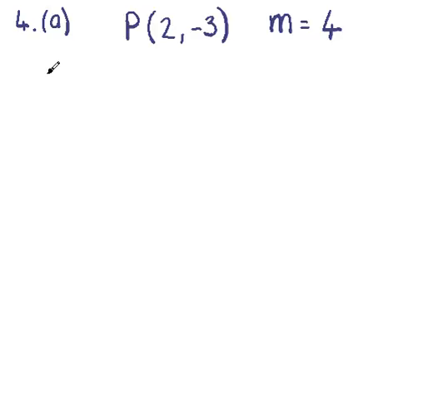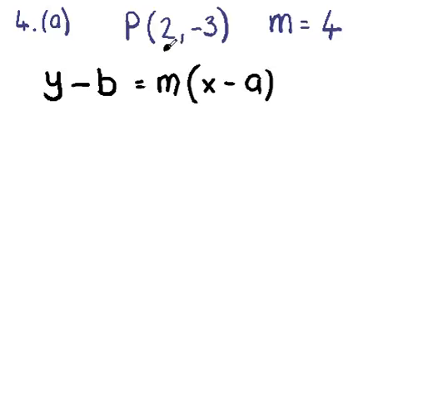So write down the equation of a line formula, which is y minus b equals m(x minus a). That's where this is a and this one is b.